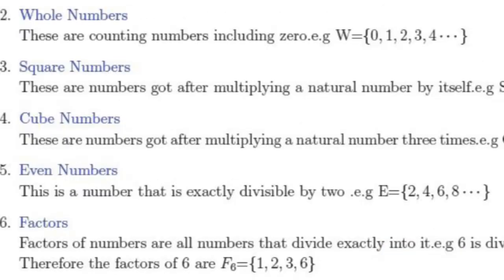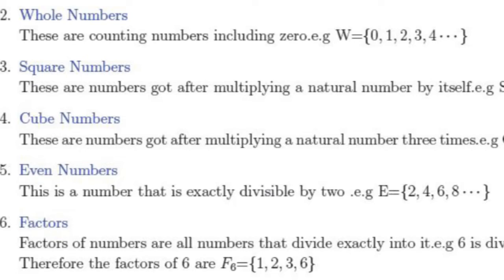What are even numbers? These are numbers that are exactly divisible by 2. So I gave you this work. You should confirm your answers that you have read about these types of numbers. These are numbers that when you divide them by 2, you don't get a remainder.